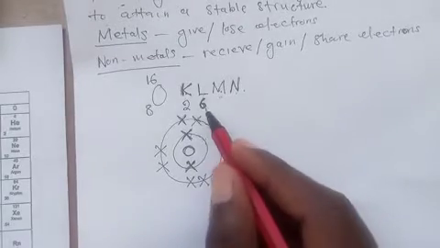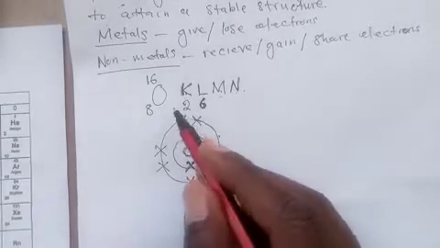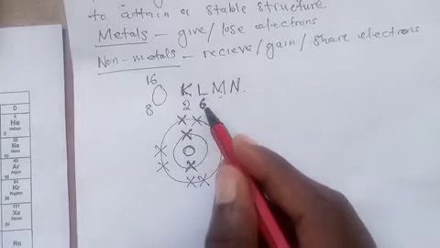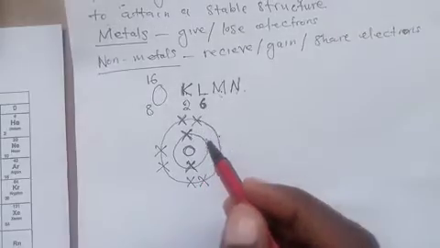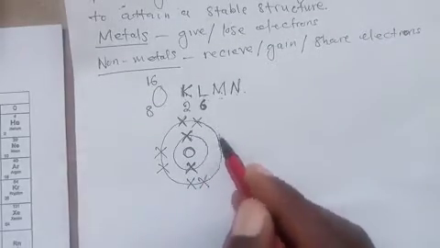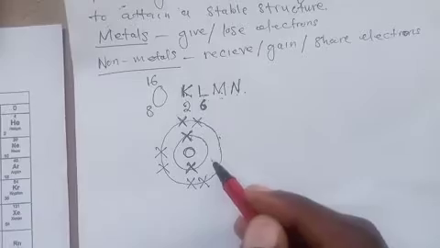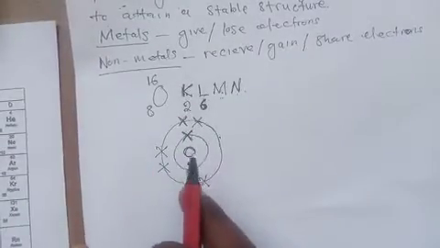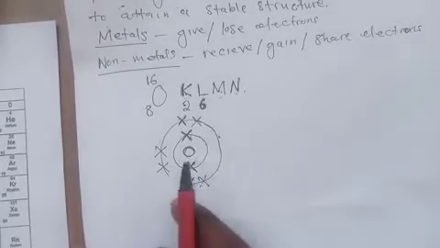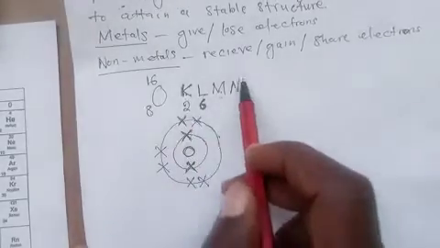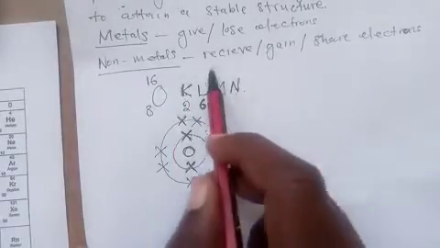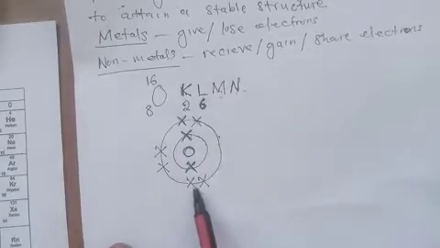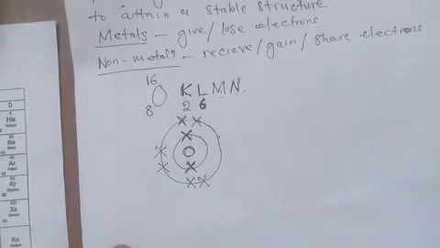So I said that the oxygen atom requires 2 electrons for it to be full. So when we add 2, it will be what? It will be 8. Okay, so this is how you find the structure of oxygen, or of an atom. This is the electronic configuration.